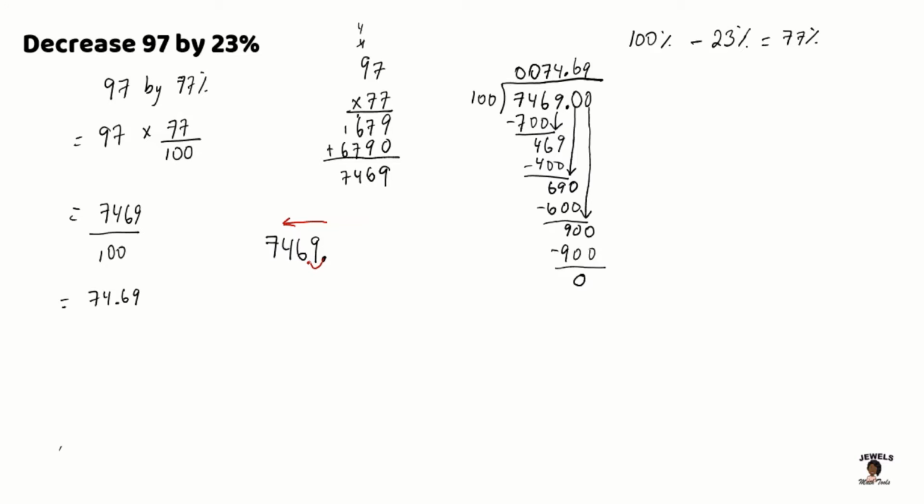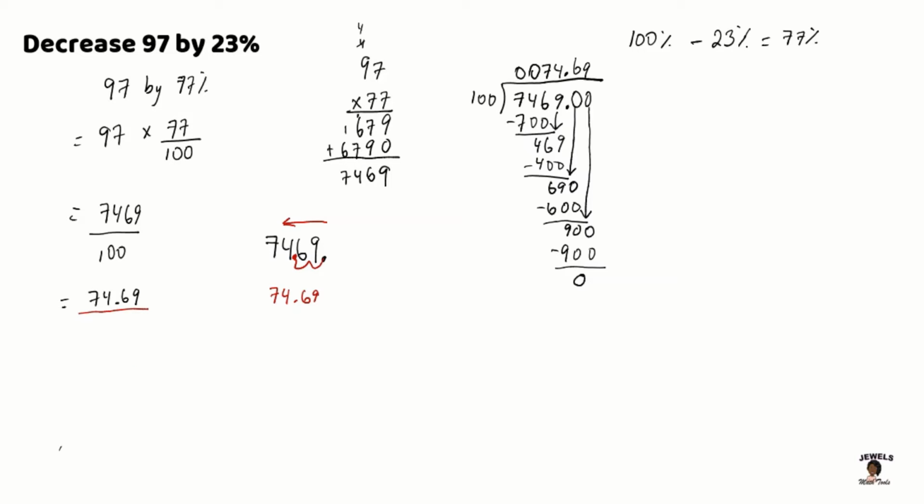So that's 1, that's 2, and now I will place the decimal point between the 4 and the 6. So my number is now 74 and 69 hundredths, which you can see is the exact same thing that we got in our answer.